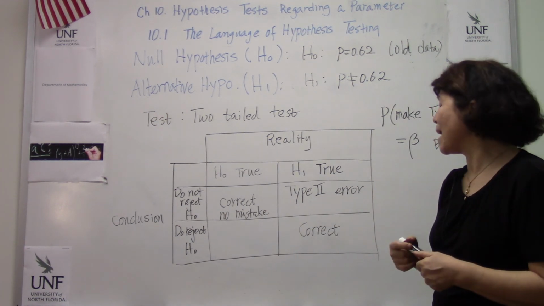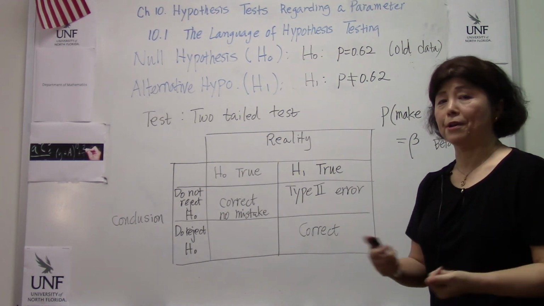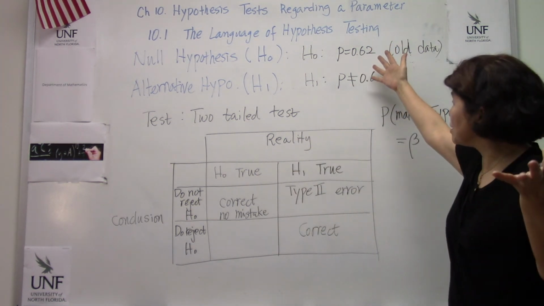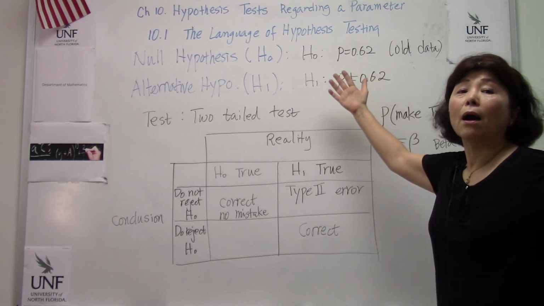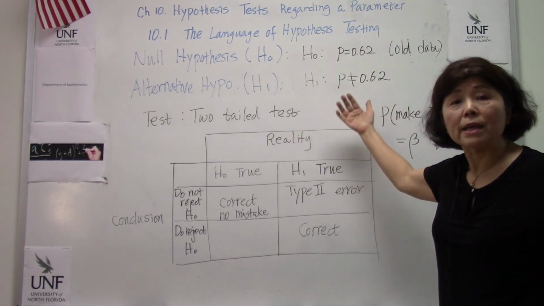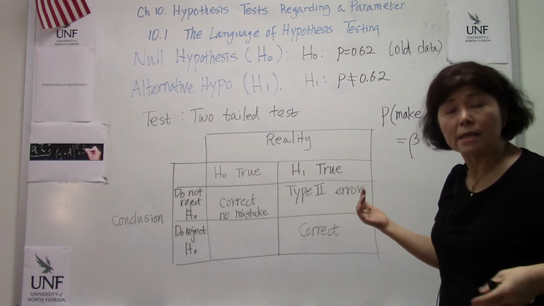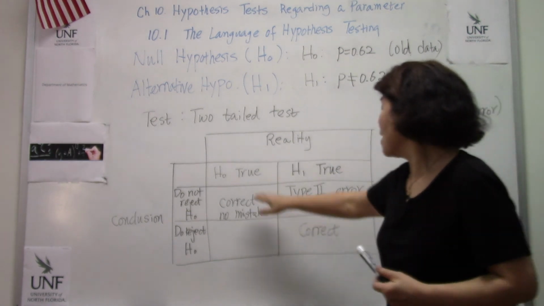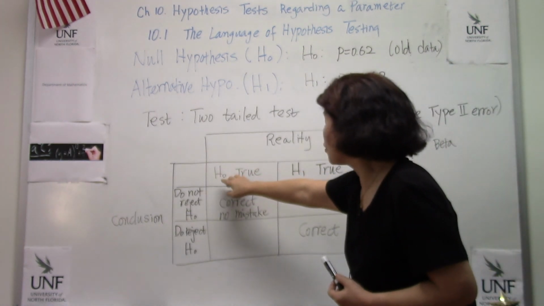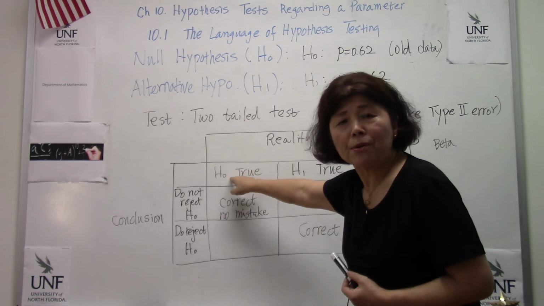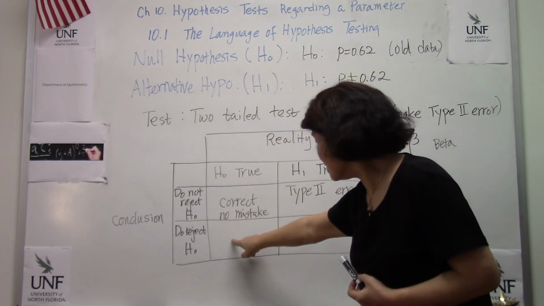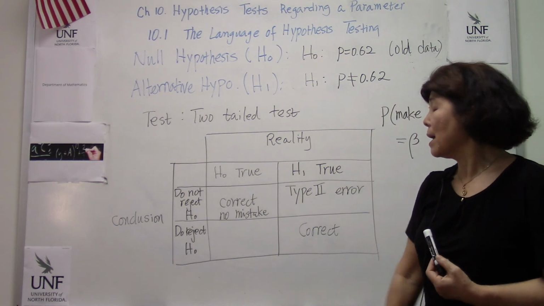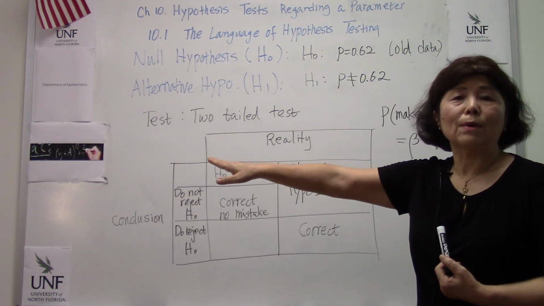I'm going to give a courtroom scenario. H naught is like the accused, who is presumed innocent until found guilty. So here the accused is innocent, but we reject H naught. In other words, we say what you said is not true.